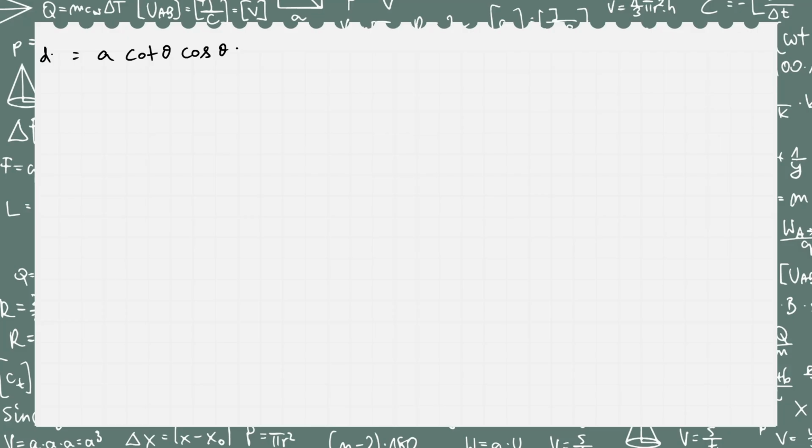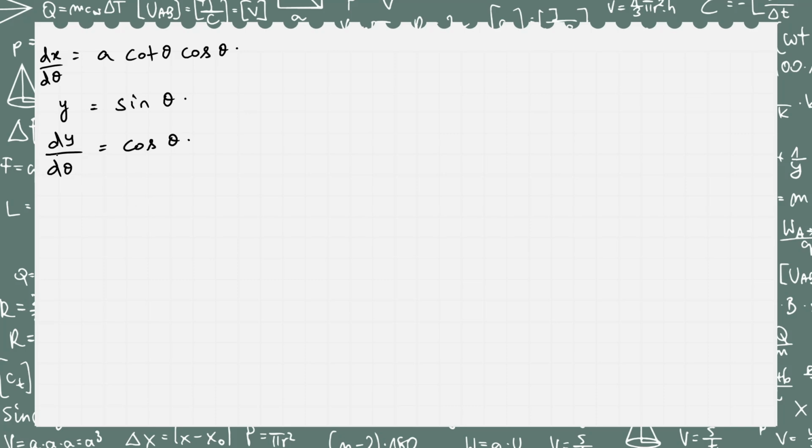So this is the final answer for our dx by d theta. Now we need to find dy by d theta. So y is given as sin theta, very simple. So dy by d theta will be cos theta.